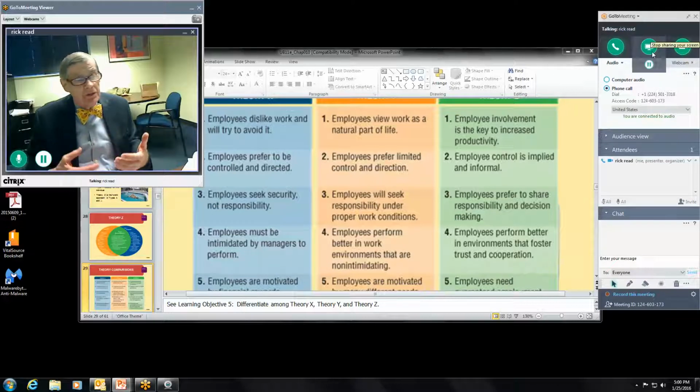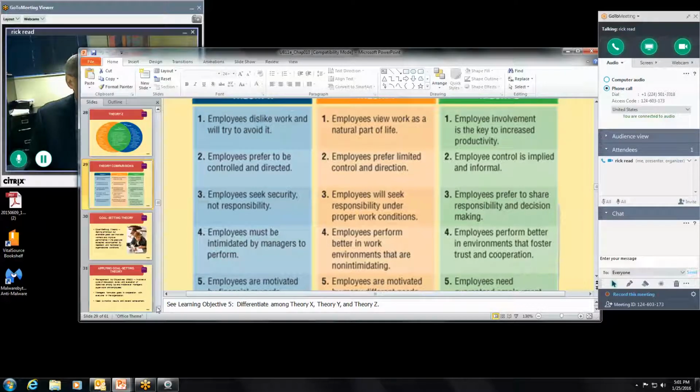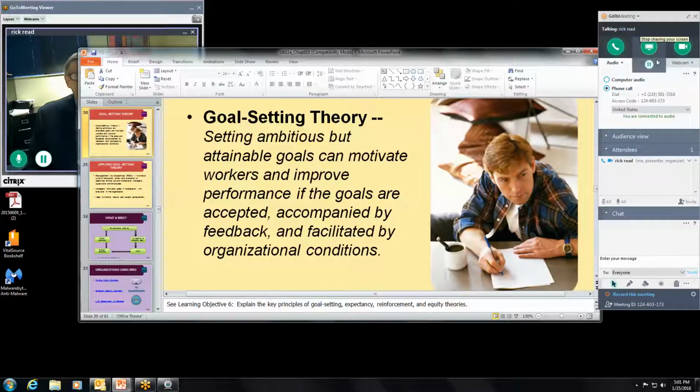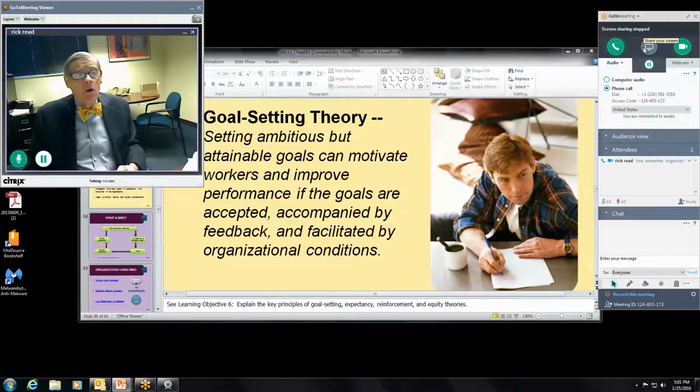And a more committed employee is going to be a better employee and going to give you better production. I'm not going to go through the rest of these. I do ask that you look at them for yourself so that you have some kind of an idea of where you want to go with that.